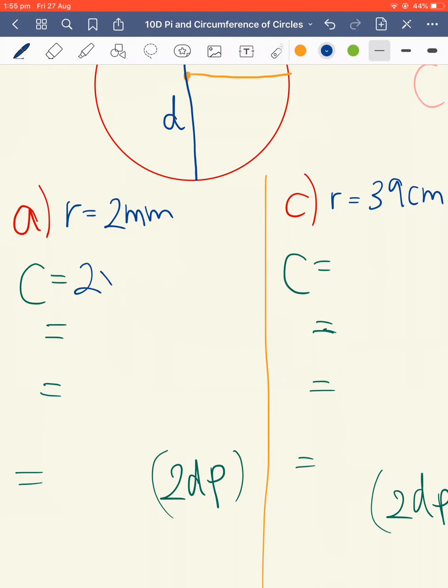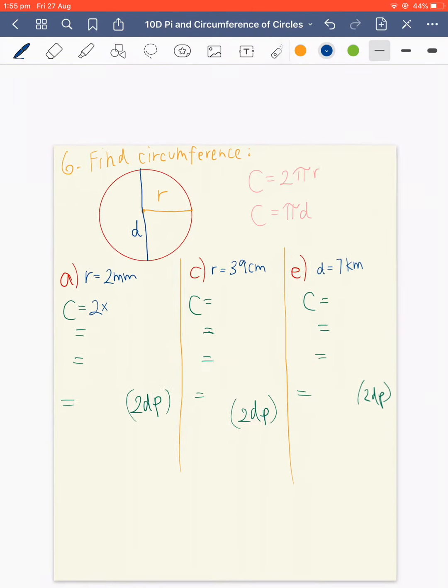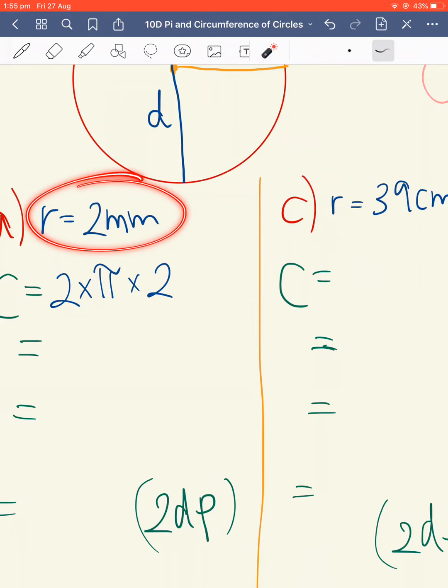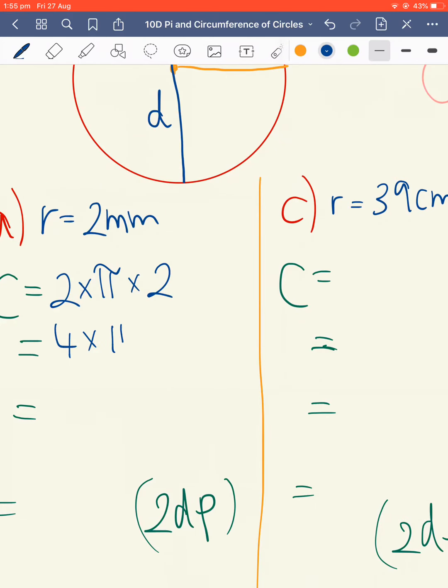So I've got 2 multiplied by pi, as it's asking us to use pi, so you will have to grab your calculator out, multiplied by our radius of 2, which gives me 4 multiplied by pi, which is equal to 12.566 and so on, and to 2 decimal places, 12.57.